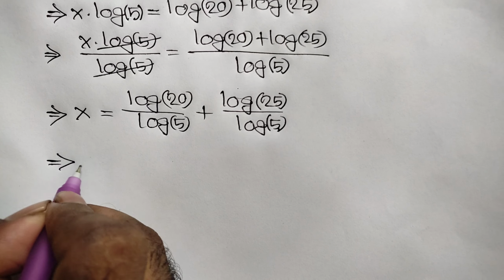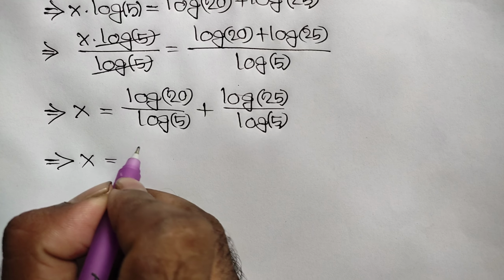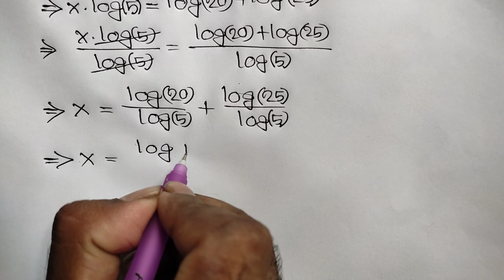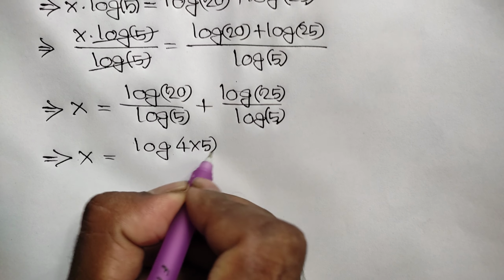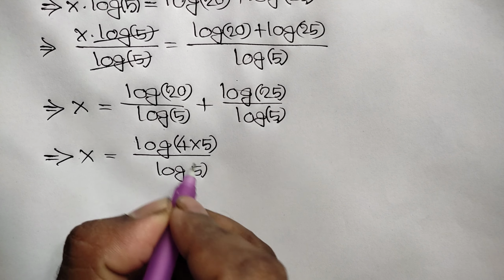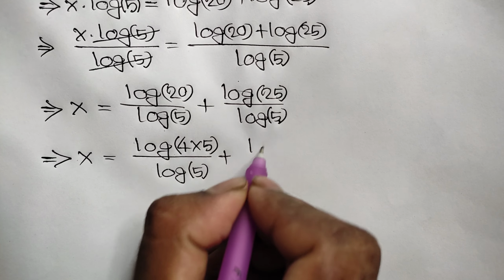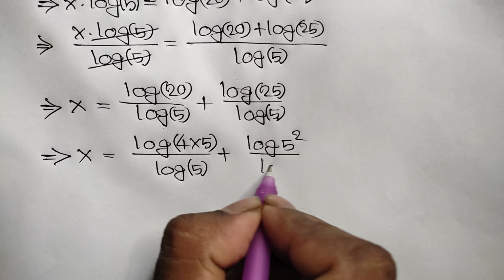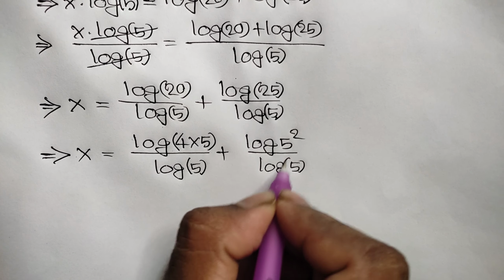Now x is equal to, log of 20 can be written as log of 4 times 5 over log of 5, plus log of 25 can be written as log of 5 squared over log of 5.